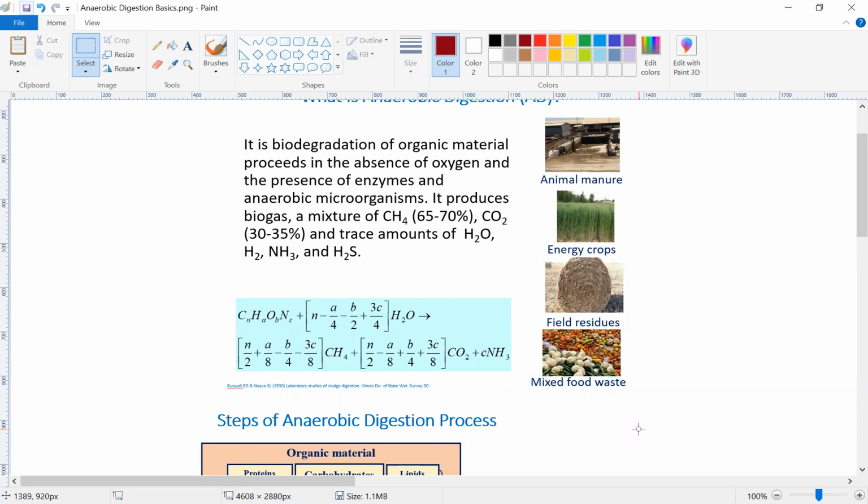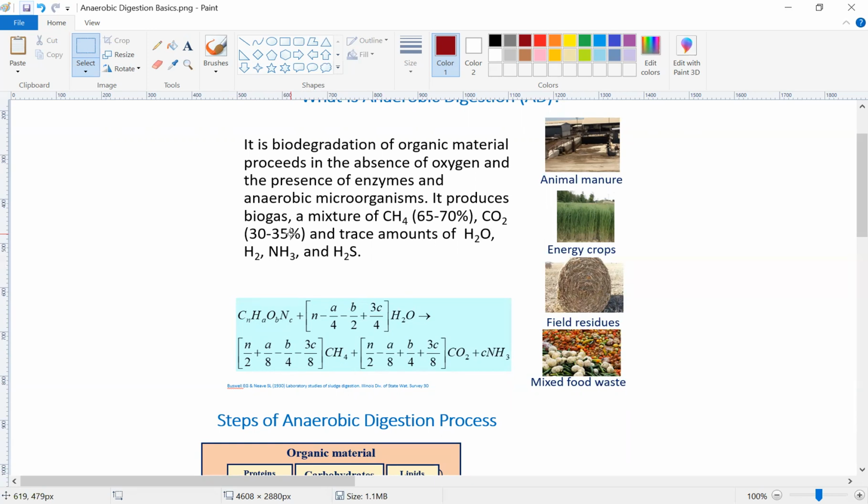So every organic matter has some kind of chemical composition, composed of carbon, hydrogen, oxygen, and nitrogen. This organic matter can undergo the biodegradation or biochemical process inside a closed container. We call it a digester.